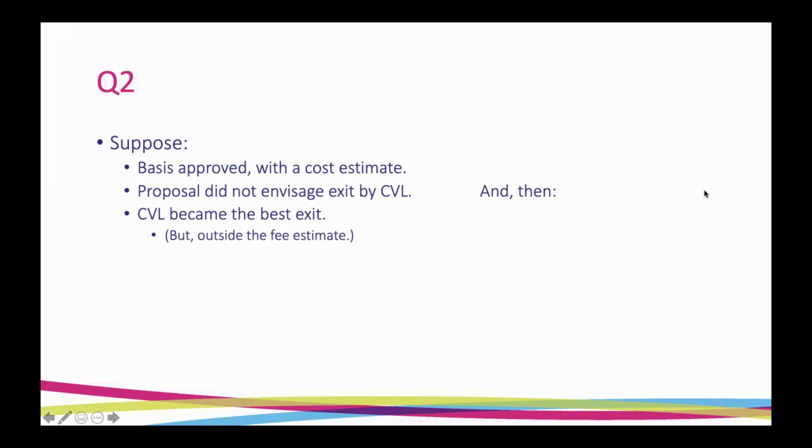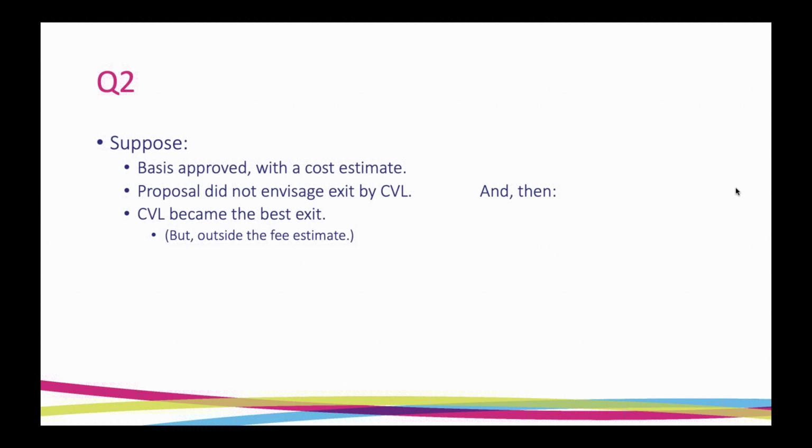Second question I've got is, imagine a case where you have the administration fee basis approved with a cost basis, but the original proposal did not envisage exit by a CVL for whatever reason. And then, again, for whatever reason, you're now looking at actually exiting through a CVL.